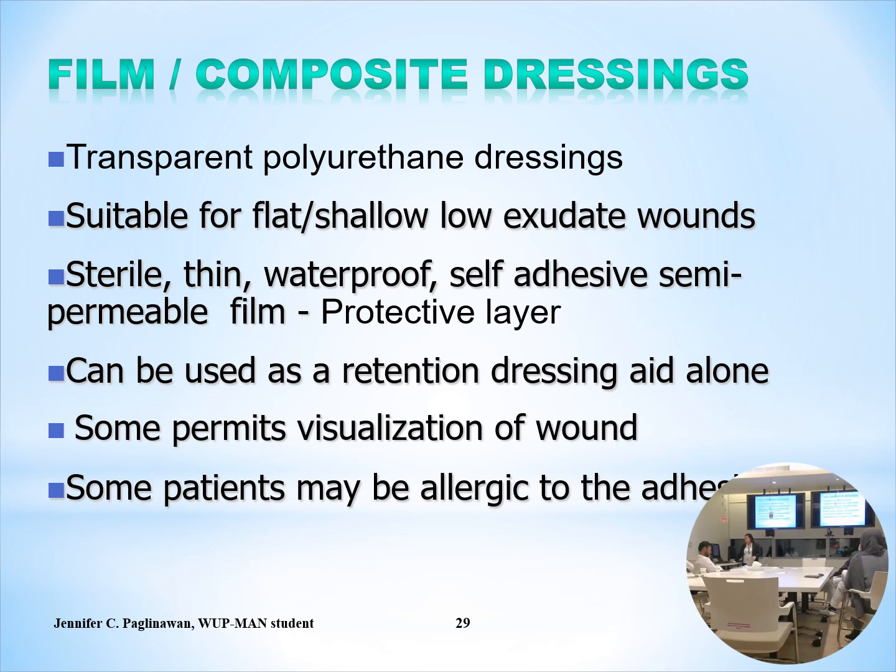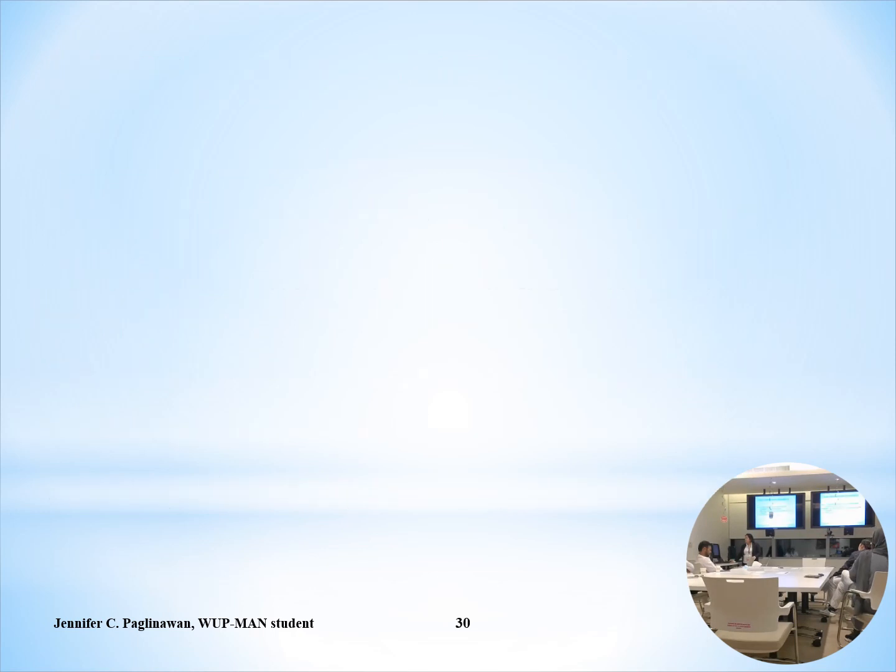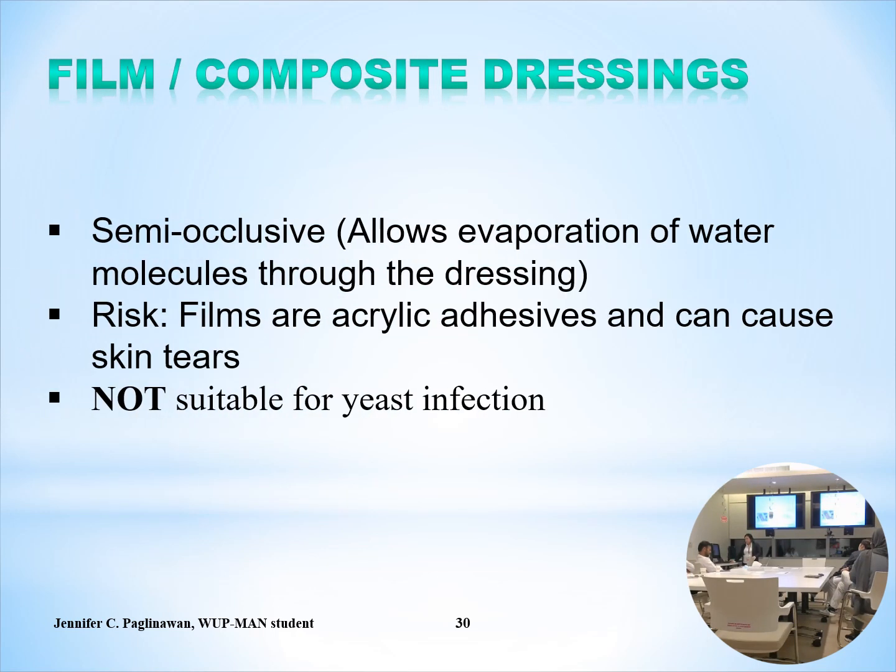Some patients may be allergic to the adhesive. So one example of this is the Tegaderm. So we have this other one. These are transparent. It looks like this. It's applicable only for dry wounds.